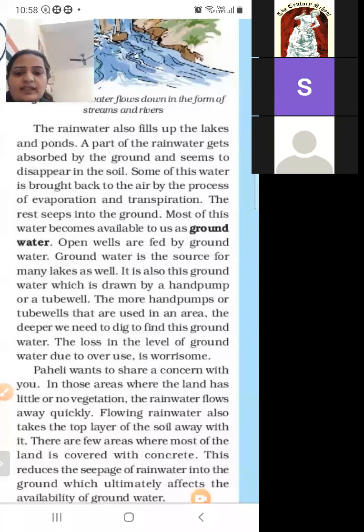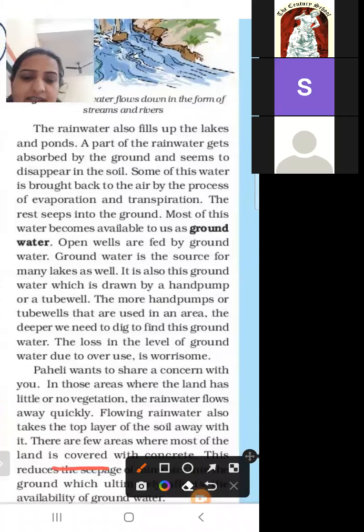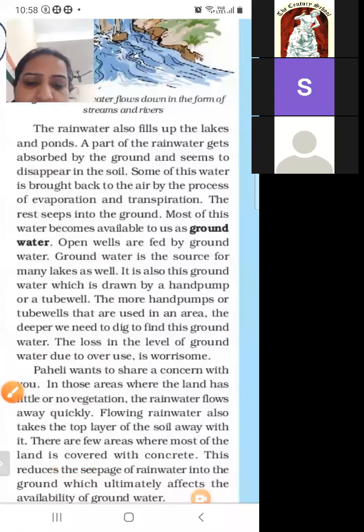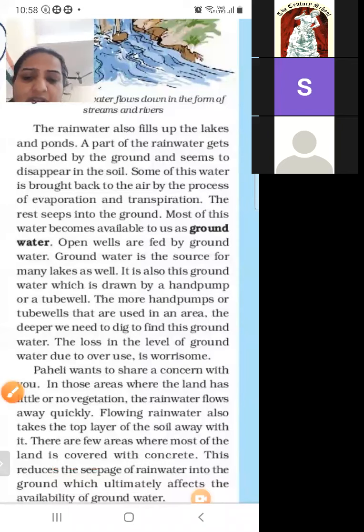Suppose a land is covered with concrete. हमारी जो land है mostly इसमें पत्थर से cover है, और concrete ईंटों से cover है, तो ये ground water को absorb नहीं करती, इसलिए there is a shortage of groundwater due to concrete land.